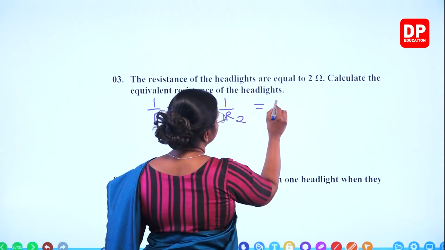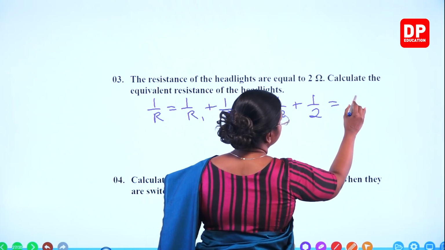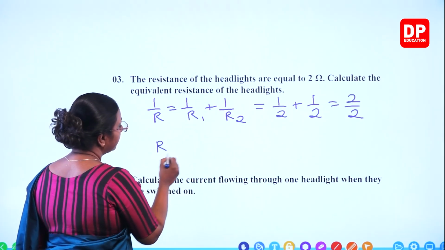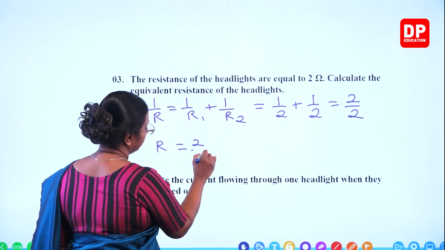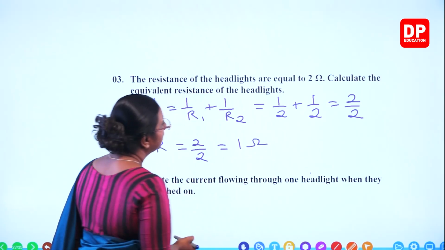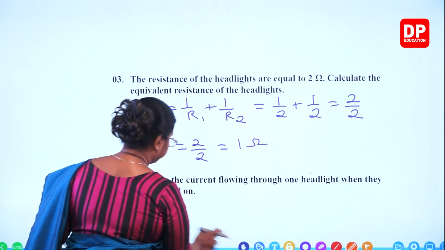That is equal to 1 over 2 plus 1 over 2, 2 over 2. So if you find R, that is again going to be 2 over 2. Reciprocal is also same, 1 ohm. The equivalent resistance is going to be 1 ohm.